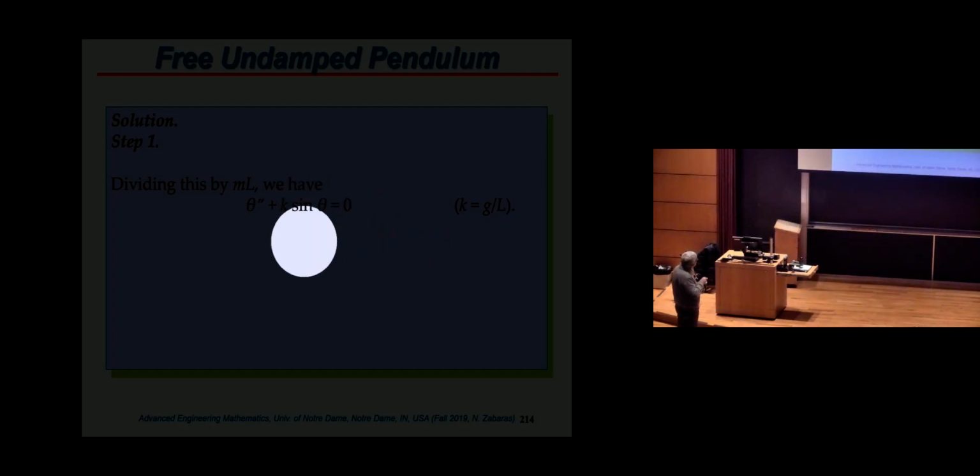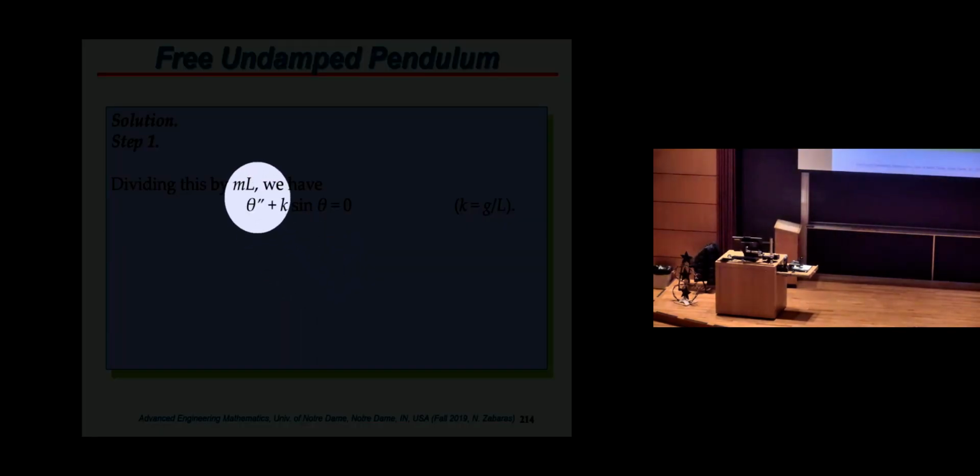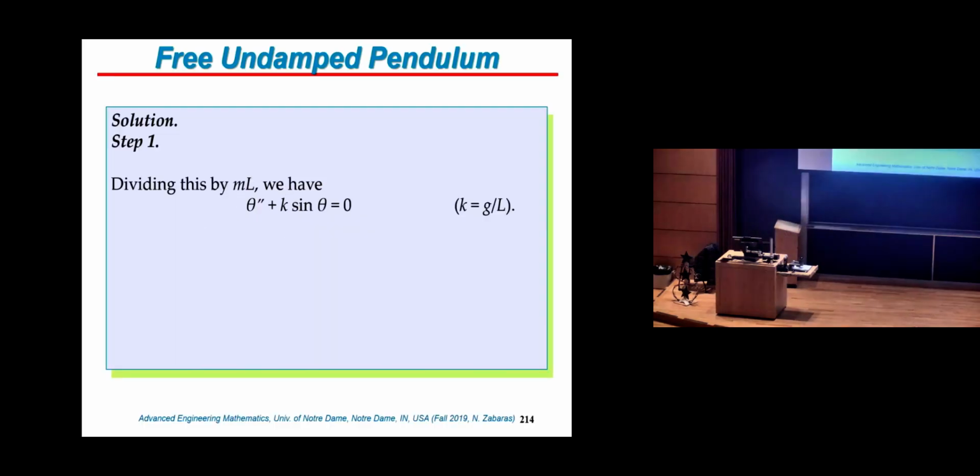Okay? So to be able to use the ideas from the linear system of equations, we're going to have to approximate. The first thing we're going to have to do is write this as a system of two equations with two unknowns, right? So of two first-order equations. So how do you transform a second-order differential equation to a system of two first-order equations?